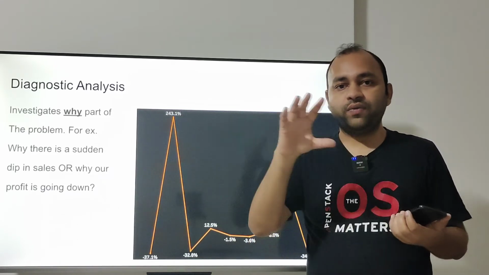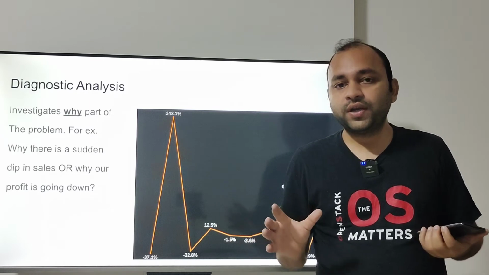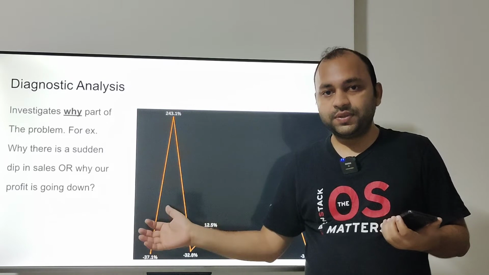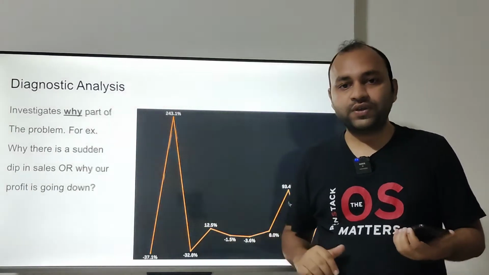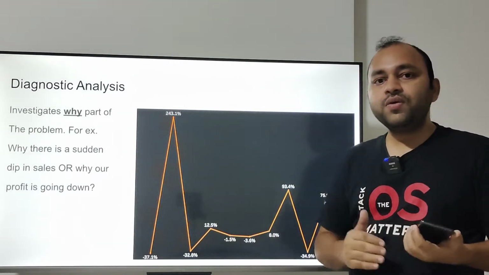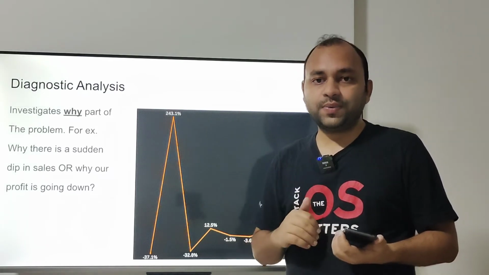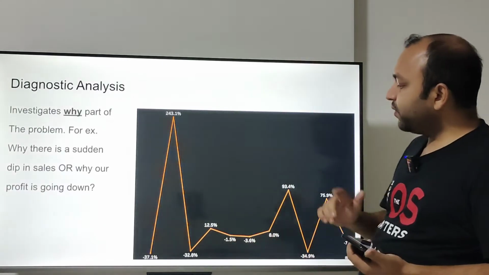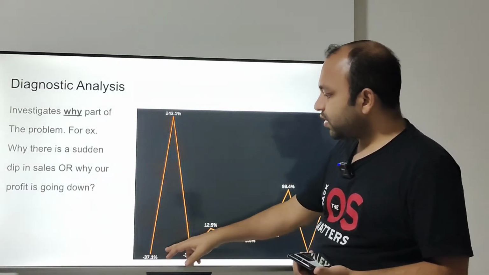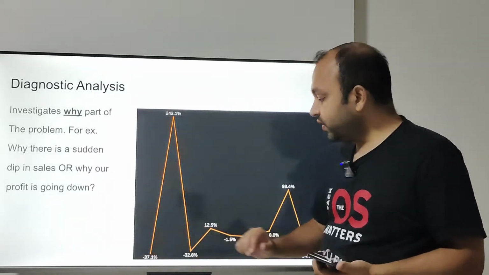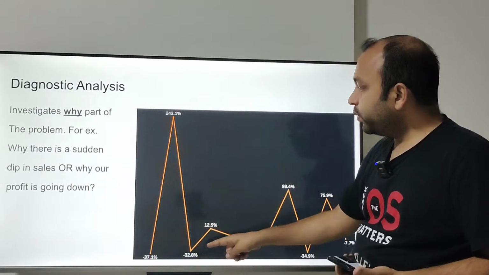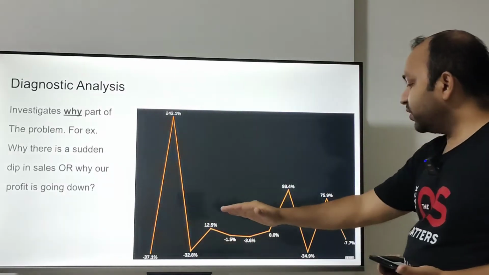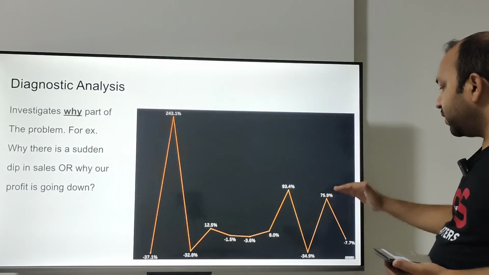It starts with what the sales outlook looks like, where the dip is present and why this dip is present. Similarly, it goes with the profit side of things. So this is one step advanced from descriptive analysis, from what to why. If I show you the example over here, you have negative growth, it came up and again went down. What's going on here is a matter of concern, because after that you see it is still up and down, up and down.